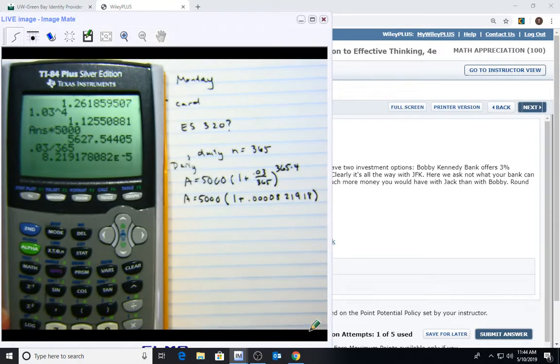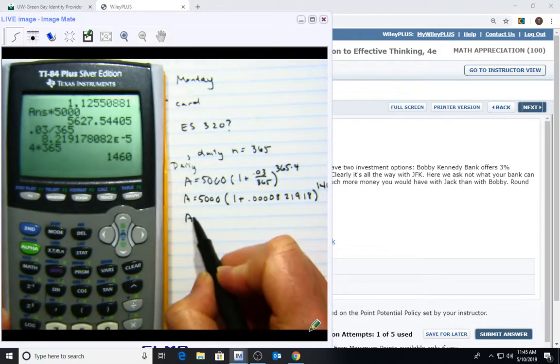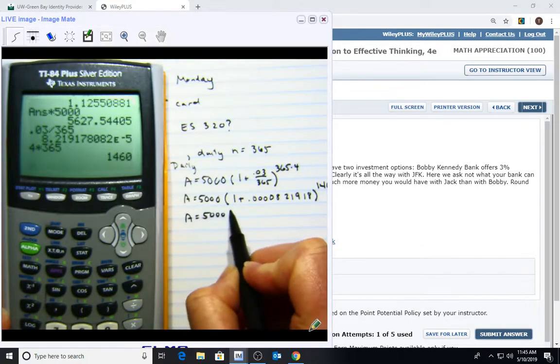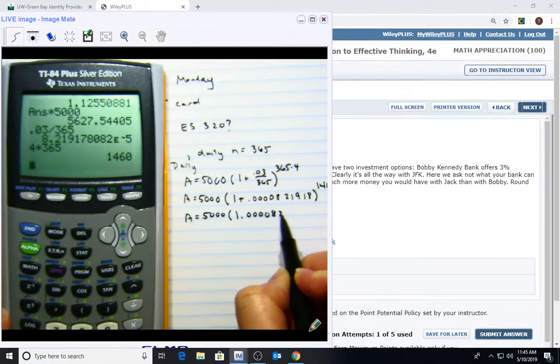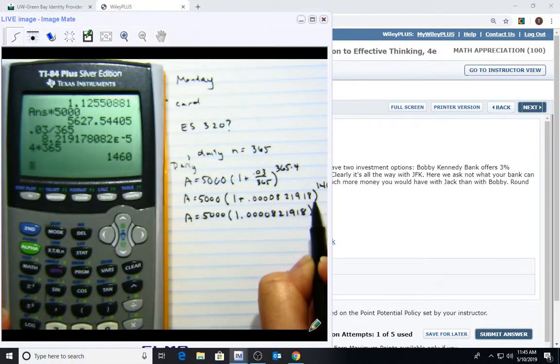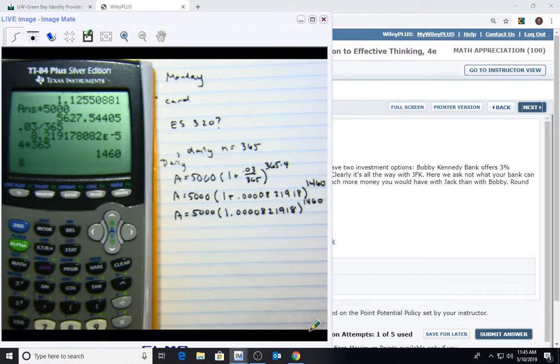And then in the exponent, we have 4 times 365, 1460. So we add 1. And then we take that to the 1,460th power.